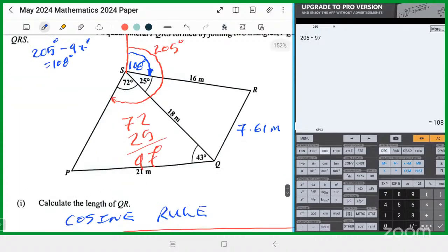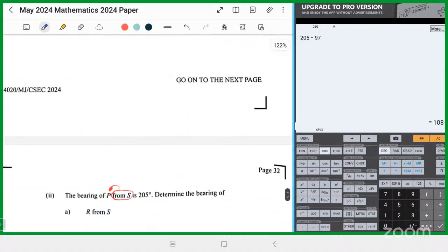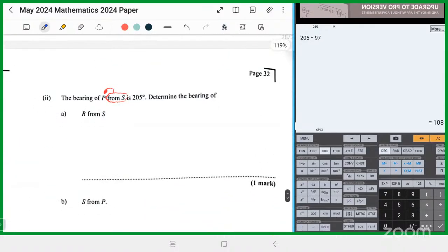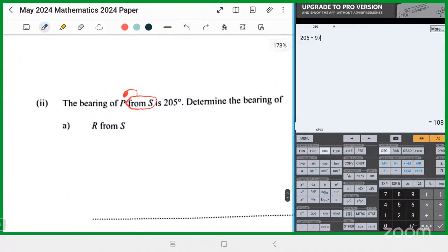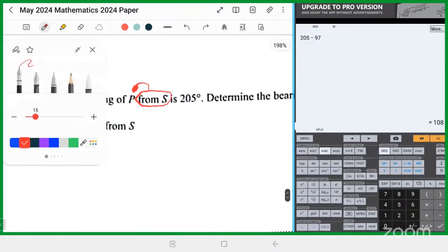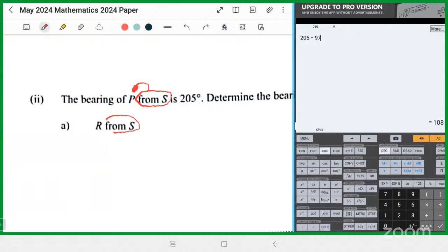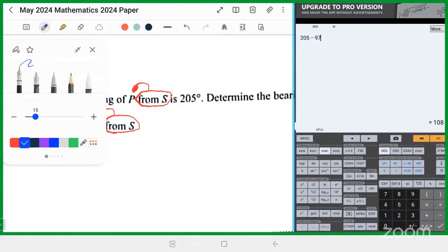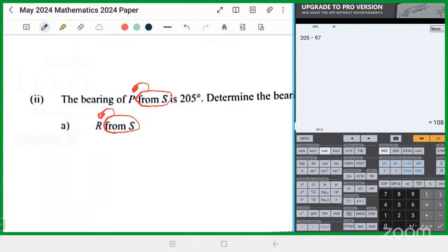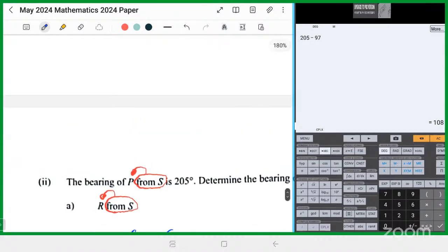Let's see if they wanted that bearing angle. They want R from S. Yes, that is it. They want from S to R. See? At the from position to R. And based on the diagram, it is that calculation. The 205 that we had minus the sum of these two inside here.